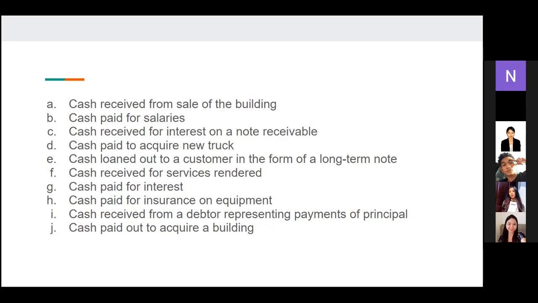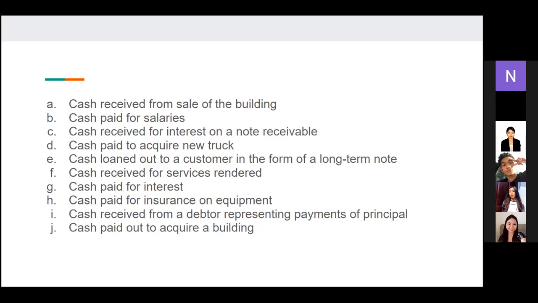Sa letter F, Miss Frenzy. Hello, Frenzy. So, sa letter F, cash received for services rendered. So, yun nga, for service rendered.